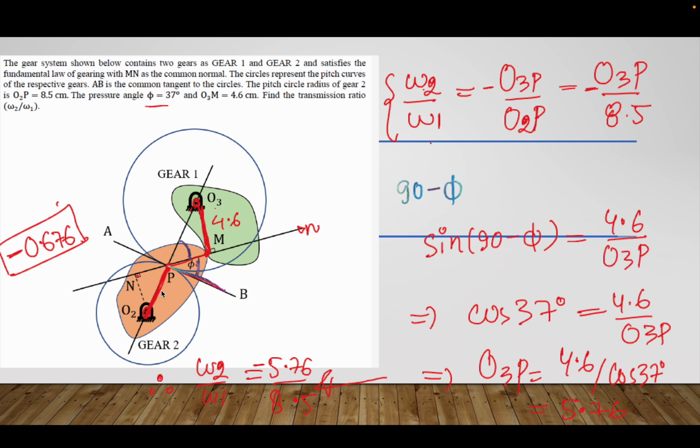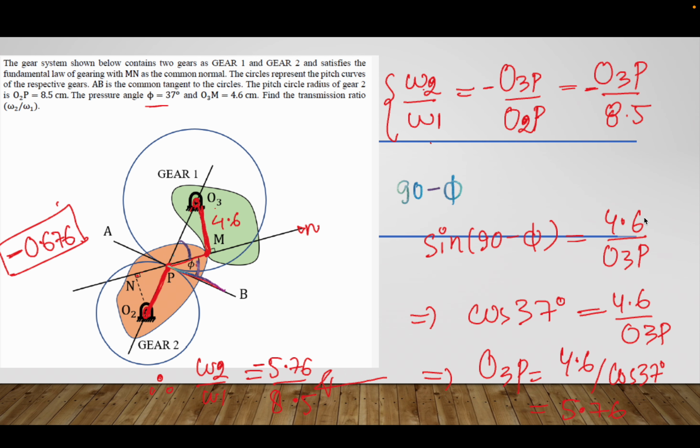Now, in order to find O3P, you know that this angle phi is given to us, which is the pressure angle, the angle between the normal and the tangent to the circles. So this is phi, and this angle here should be equal to 90 minus phi, right? For this triangle, we can write sine of 90 minus phi is equal to the perpendicular upon the hypotenuse, which is O3P.